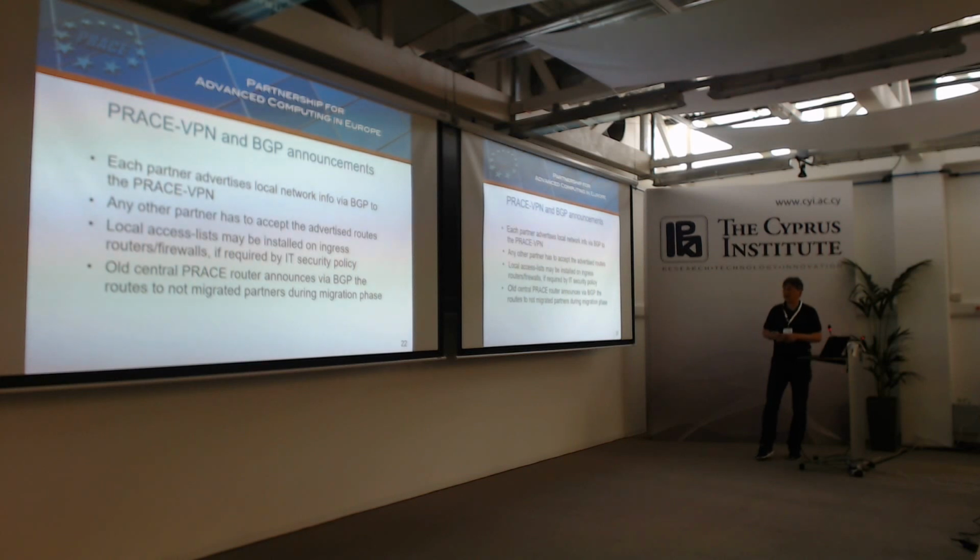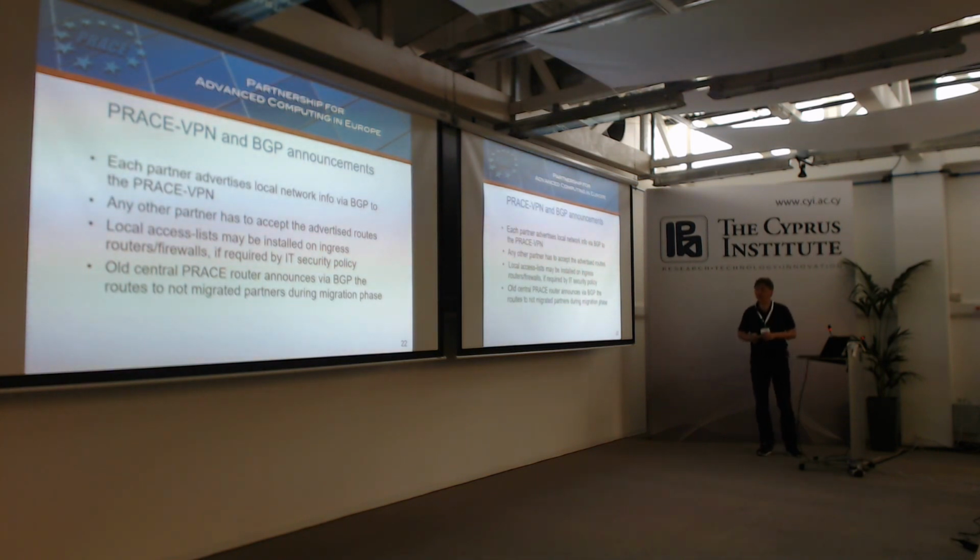Each partner advertises local networks via BGP to the PRACE VPN, so everyone knows where the other partners are. Any other partner has to accept advertised routes. Local access may be installed on numerous routers and firewalls if you require IT security in a state. Because of the net of trust, you don't need firewalls, but if you say you need it, of course you can install a firewall at your site.